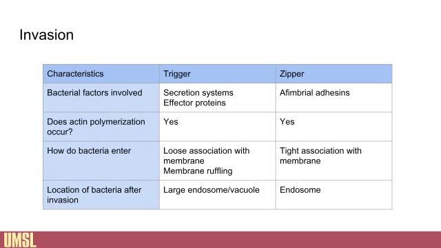Does actin polymerization occur in both cases? Absolutely. And so it just comes down to how do you get that to happen inappropriately. So the zipper mechanism is essentially I'm going to interact with host surface receptors that would normally be triggered by cell-cell contact, for example, between two enterocytes.